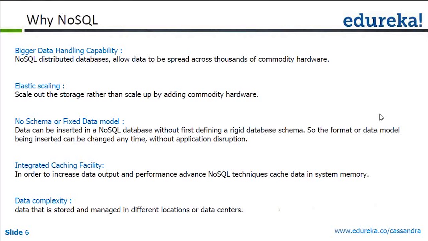At the same time, instead of spending billions of dollars on high-end machines, people have started coming up with technologies which can scale on commodity hardware, which is cheap hardware. You can bring 100 normal, cheap instances, combine them and start your application. If an instance fails, just replace it with another because they're very cheap.